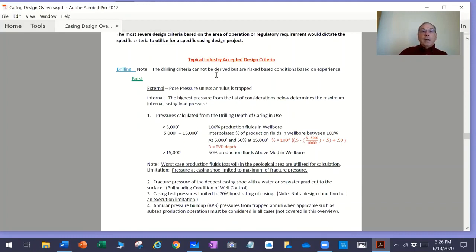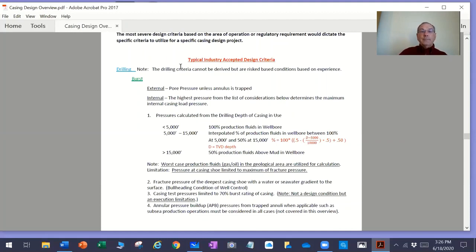So the drilling criteria cannot be derived, but are risk-based conditions based on experience. So they're going to be probably from a bunch of older, wiser, gray-headed people who developed these over a long period of time, and they seem to work and protect us. That's where they came from.